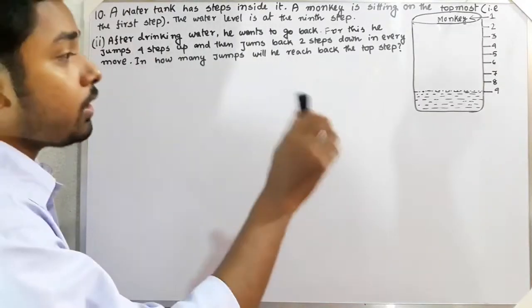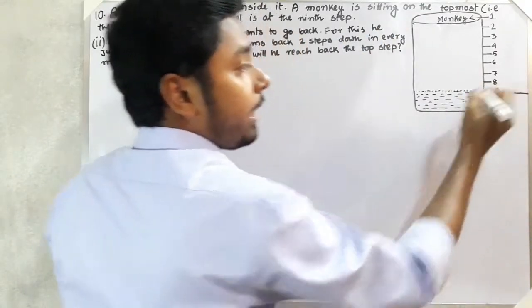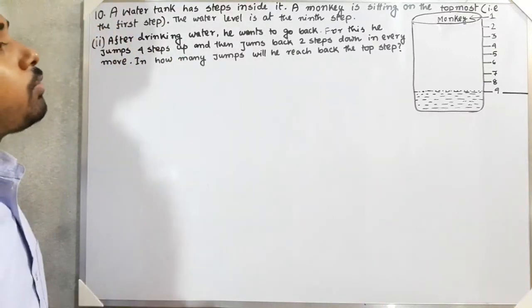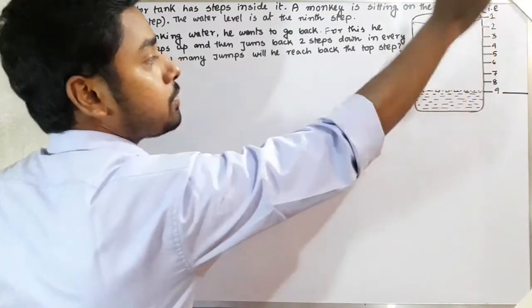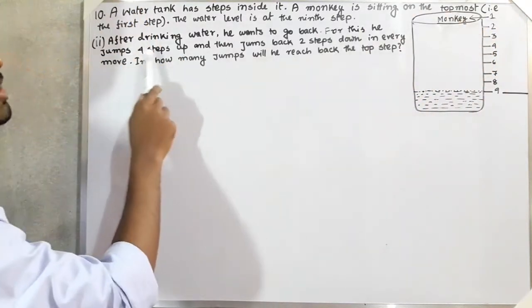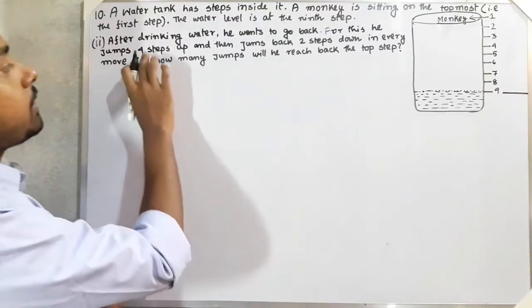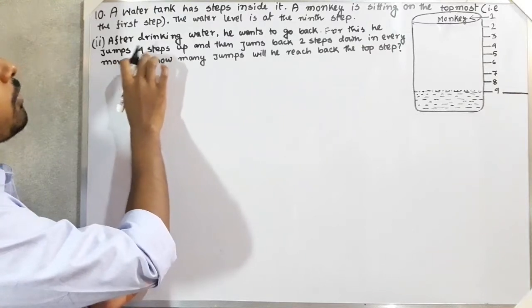After drinking water. Now after the first question, where did the monkey reach? At the 9th step. Okay, now after drinking water he wants to go back to the top step. For this he jumps 4 steps up. At the first jump he jumps 4 steps up.